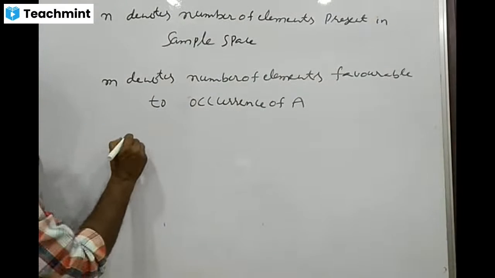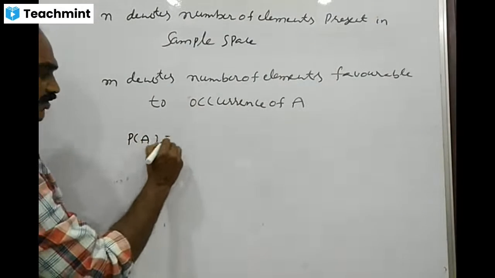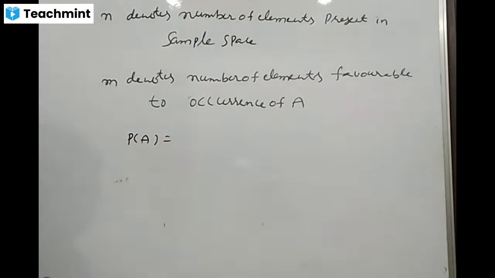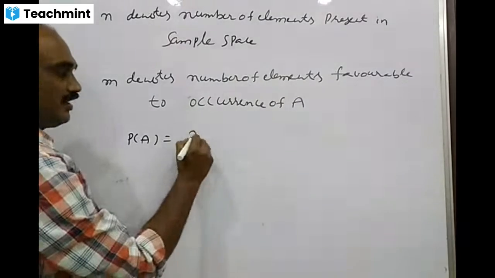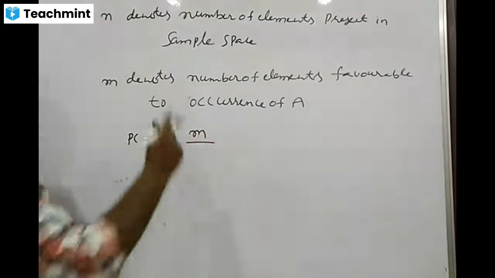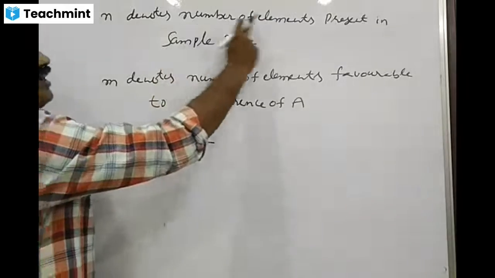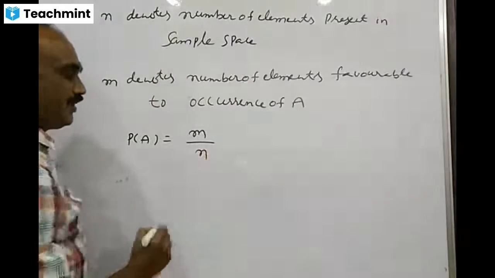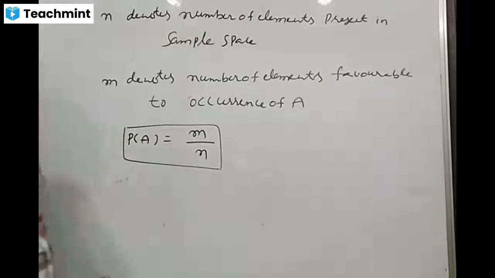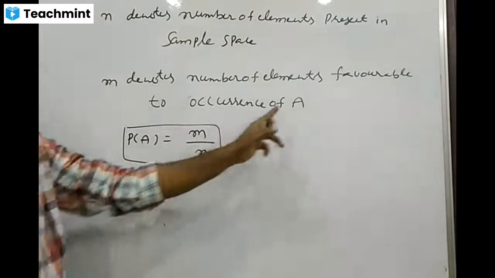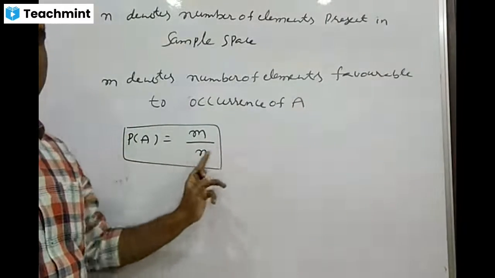So probability of A, P of A, is equal to the formula: number of elements favorable to the occurrence of A, that is M, by number of elements present in the sample space, N. P of A is equal to M by N. Friends, favorable to the event A by total possible outcomes.